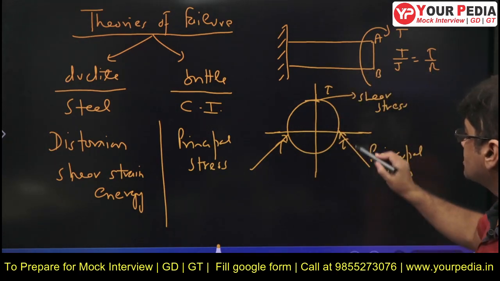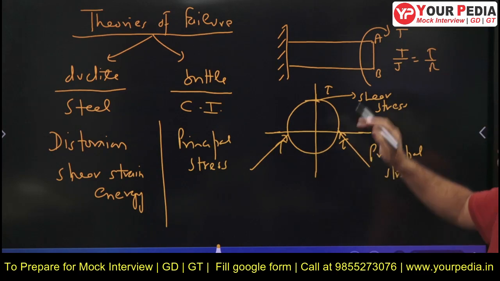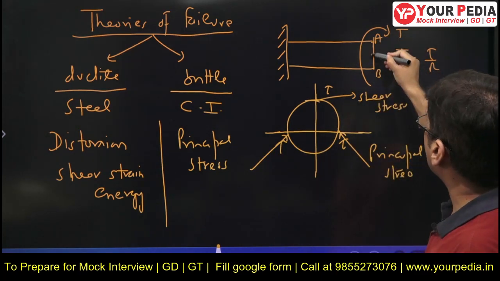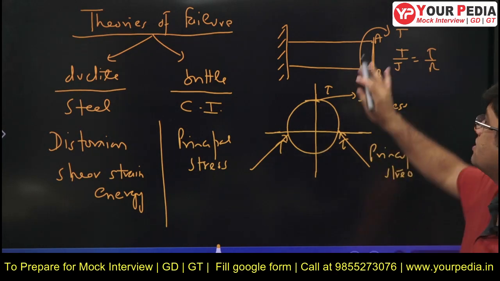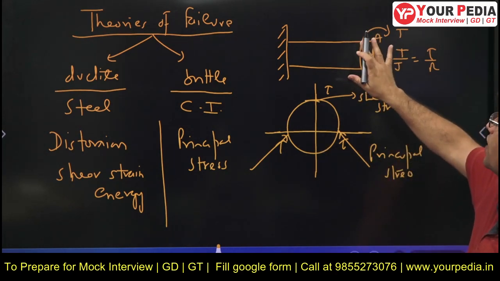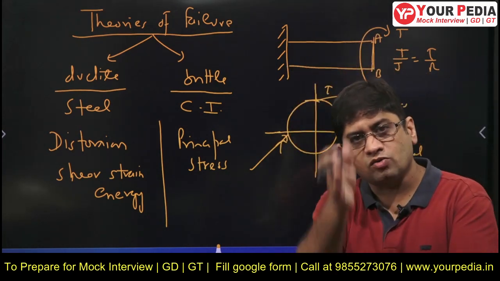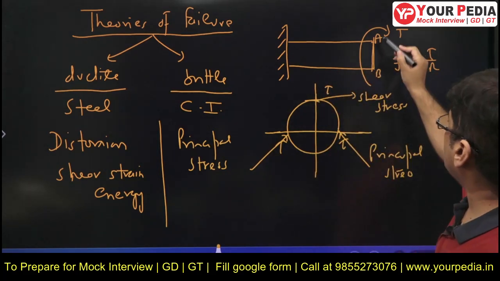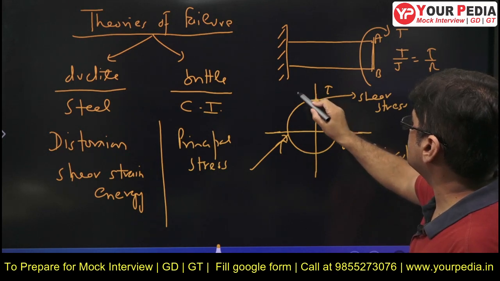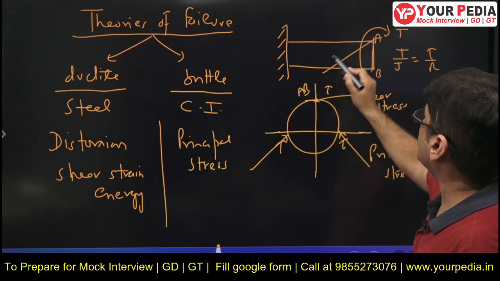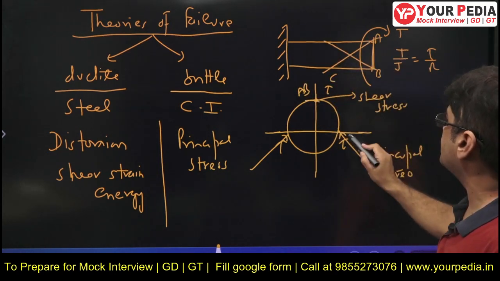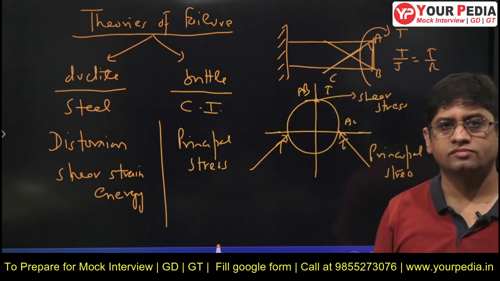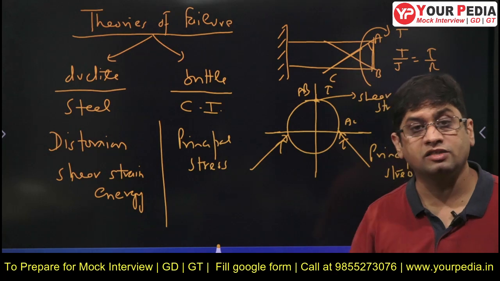Had it been a ductile material, something like mild steel, it would have failed at this very plane, the AB plane, the transverse plane only. This one is the AB plane, and at 45 degrees to that, it is the AC plane.